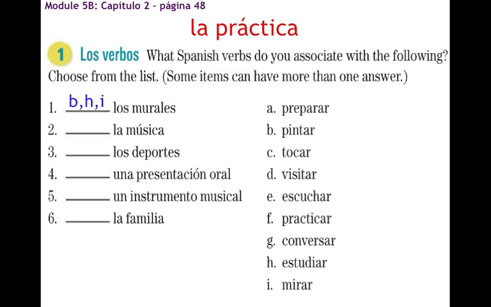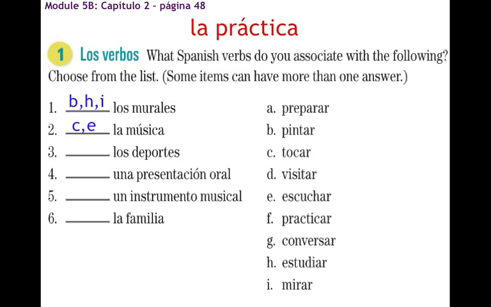Estudiar, maybe you study murals. Or mirar, to look at, to watch. How about la música? C, E. Tocar la música, escuchar la música, maybe even practicar.